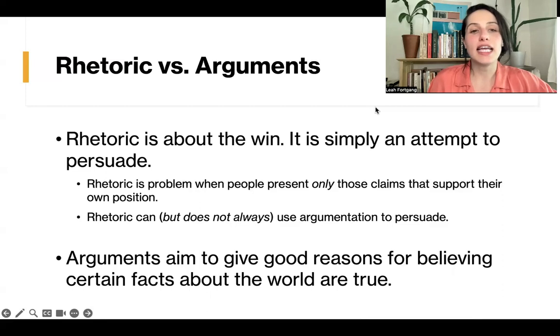Now, rhetoric is mostly a problem though when people present only the claims that support their position. And more often than not, when we're in a debate with someone, say we're in a fight with someone we're in a romantic relationship with or a family member, we have this tendency, this bias towards really only giving the evidence that strongly supports the claim that we're trying to make, right?